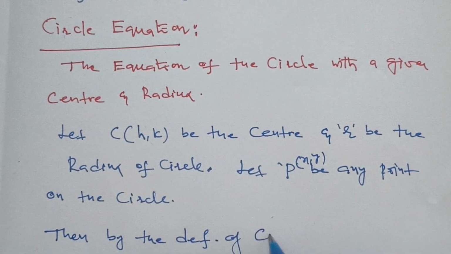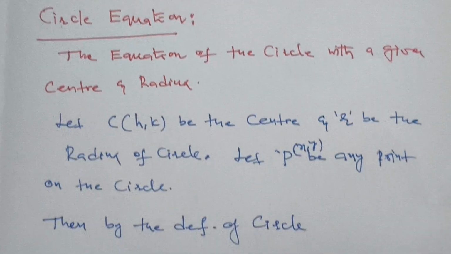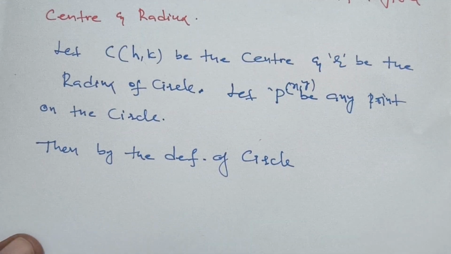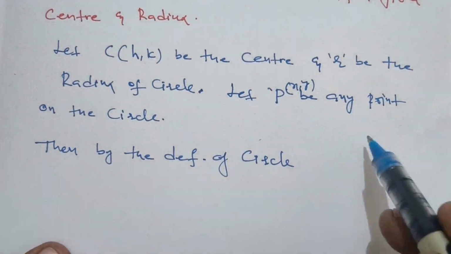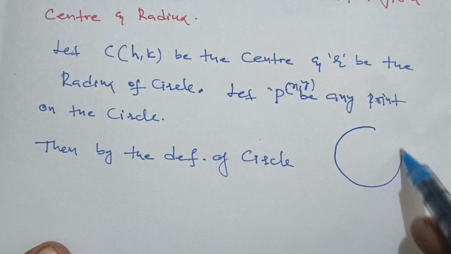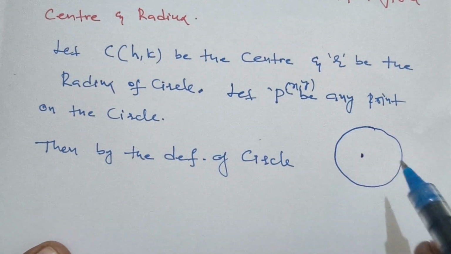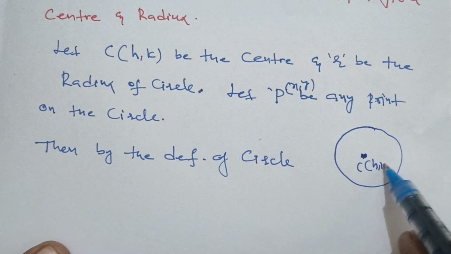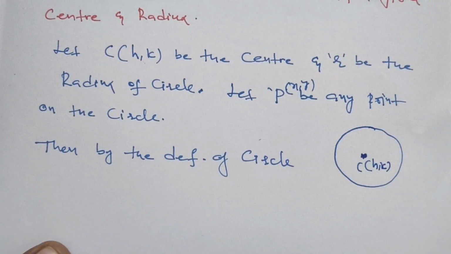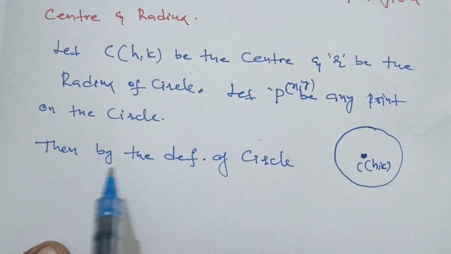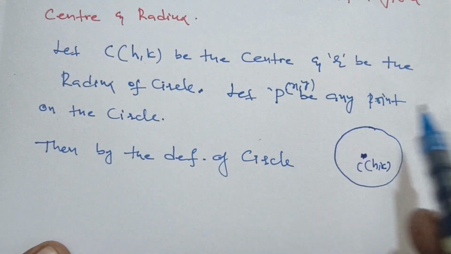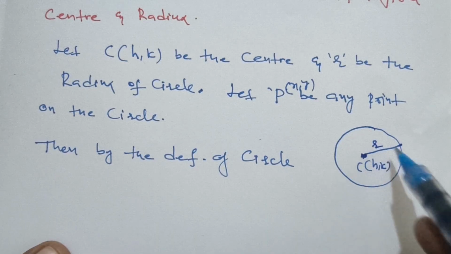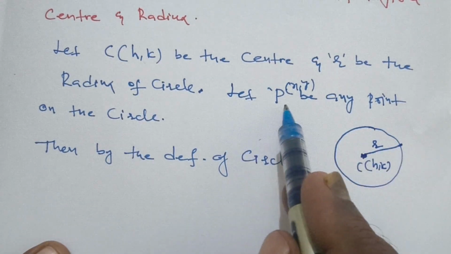Then by the definition of the circle just seen above, we take a rough graph. Here C is the fixed point, that is the center, h comma k, and r is the radius of the circle.